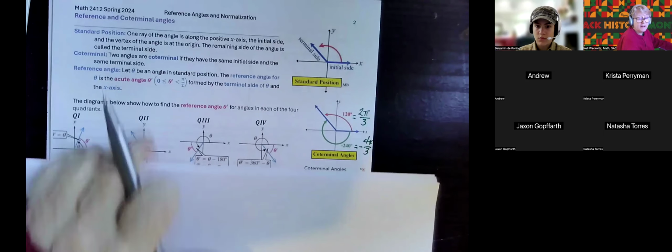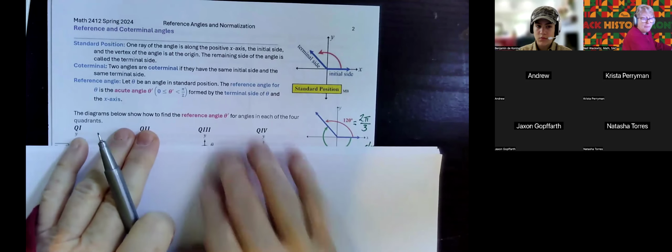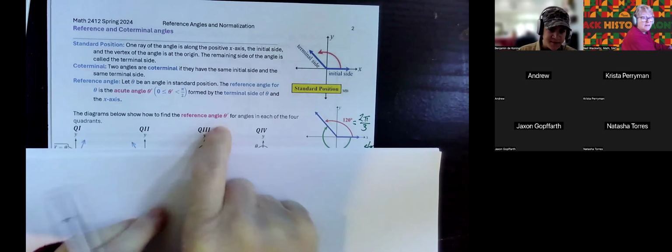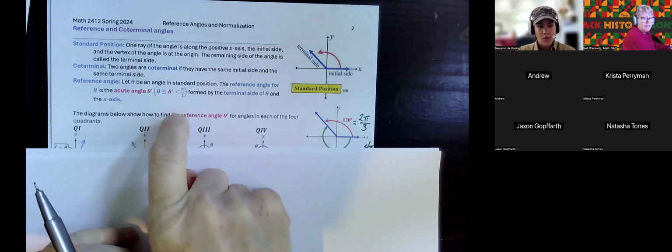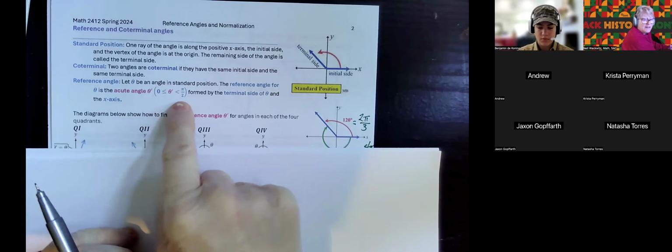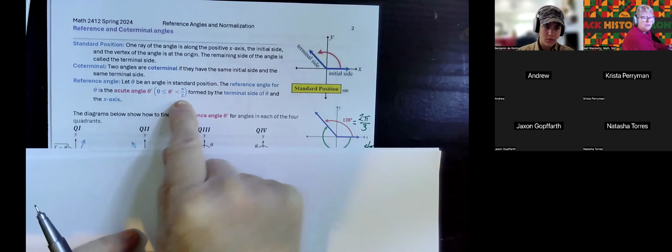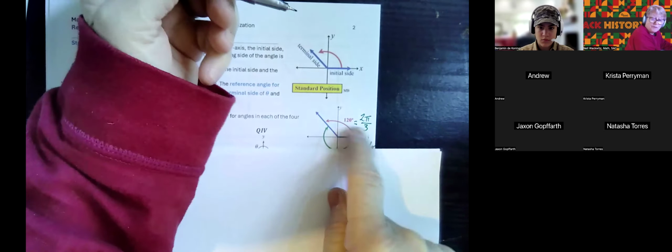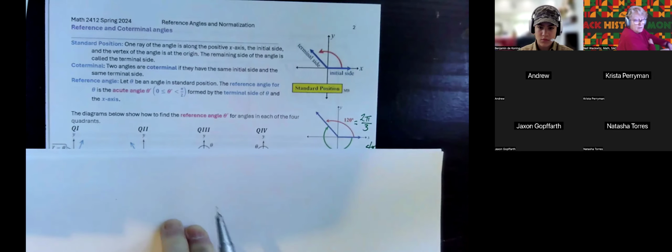A reference angle is an angle that is acute, that is less than 90 degrees or less than pi over 2, and is positive. So let's just look at this example, 120 degrees or 2 pi over 3.